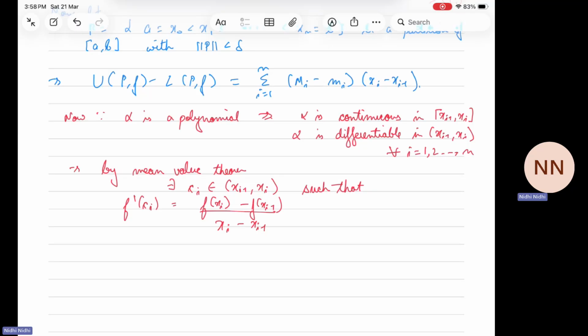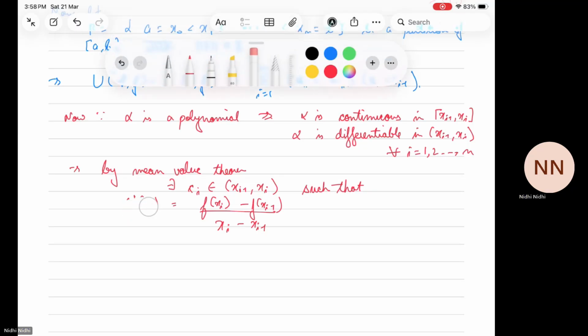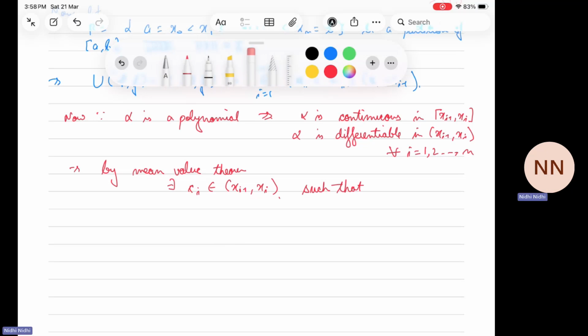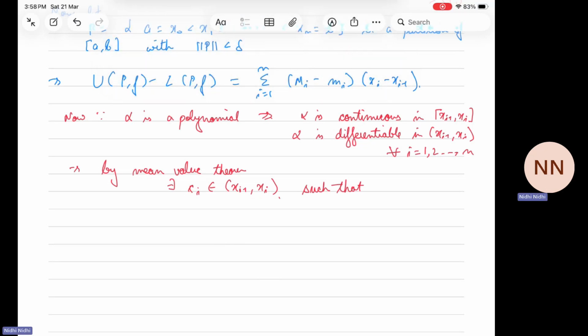Sorry, this is not f, this is alpha. We are applying the mean value theorem on the function alpha. That means alpha dash c_i is equal to alpha(x_i) minus alpha(x_{i-1}) upon x_i minus x_{i-1}. And since the function alpha is increasing, this will always be positive because the derivative of an increasing function is always positive.